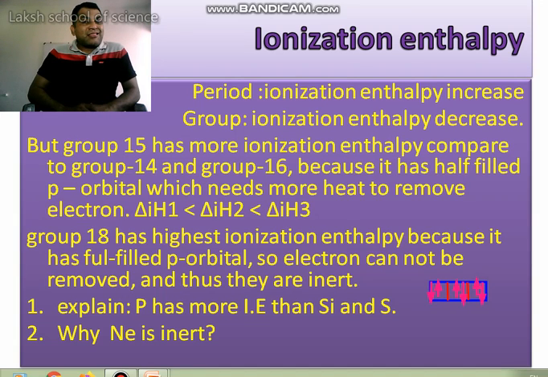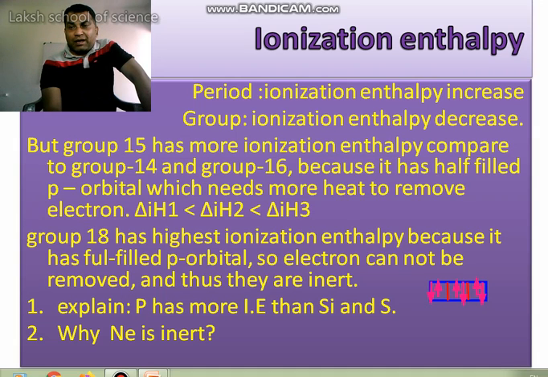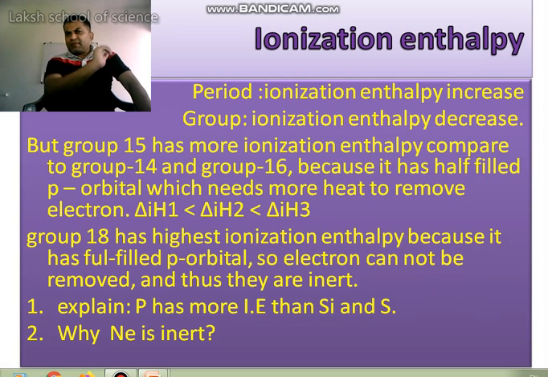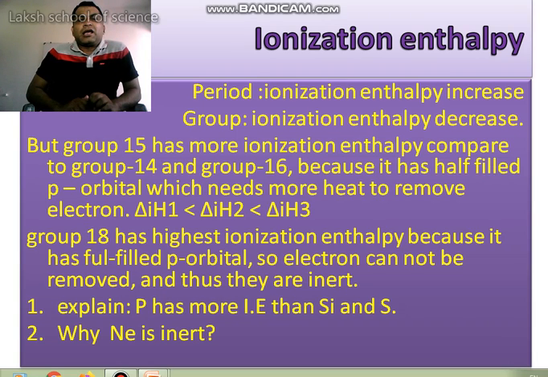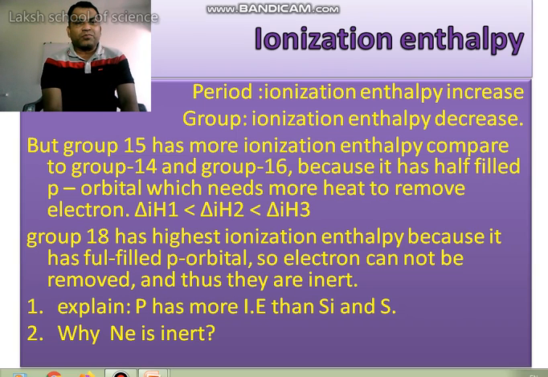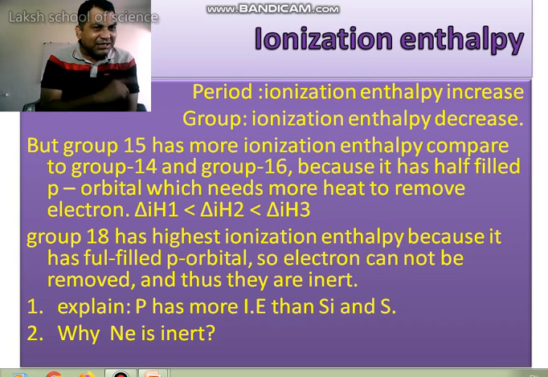Now all are paired electrons, and removing an electron from a completely filled p orbital is very difficult, so we are not able to remove it easily. Remember that the ionization enthalpy of group 18 is the highest, and that's why these elements remain inert.